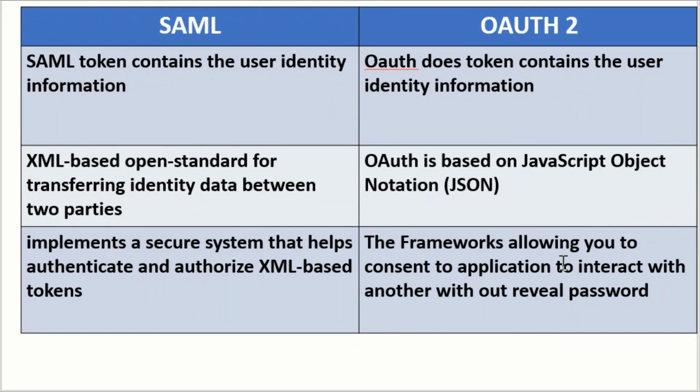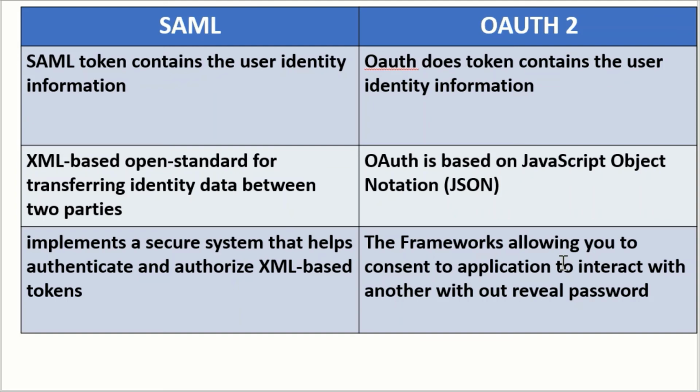SAML contains the user identity information because it has to provide both username and password for access, providing authentication, whereas with OAuth you don't need to maintain the user identity information. It is just authorization, like a bypass, just providing the consent to the application.